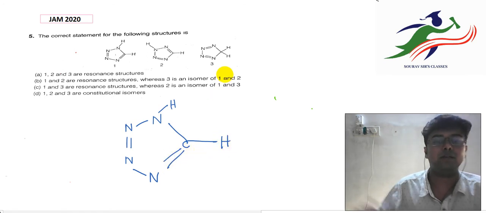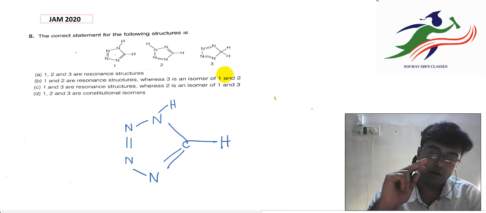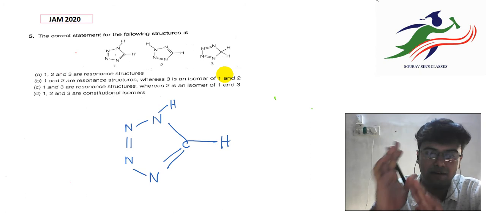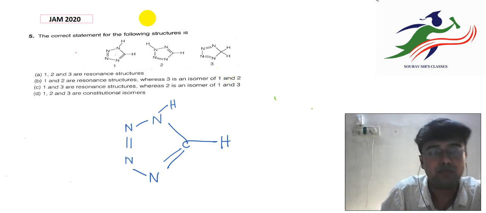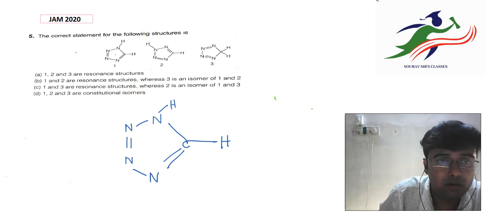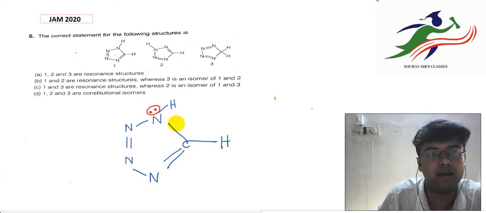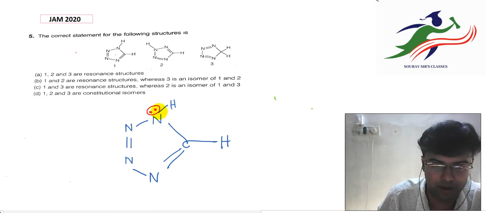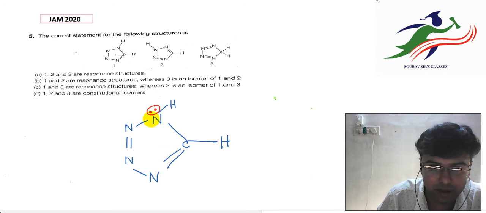Right. So we see that all the four nitrogen atoms have formed 3 bonds in all these cases. Now we also find that this nitrogen atom has scope for resonance by involving its lone pair, which is in conjugation with this pi bond. I'm sorry, not with this pi bond, with this pi bond.